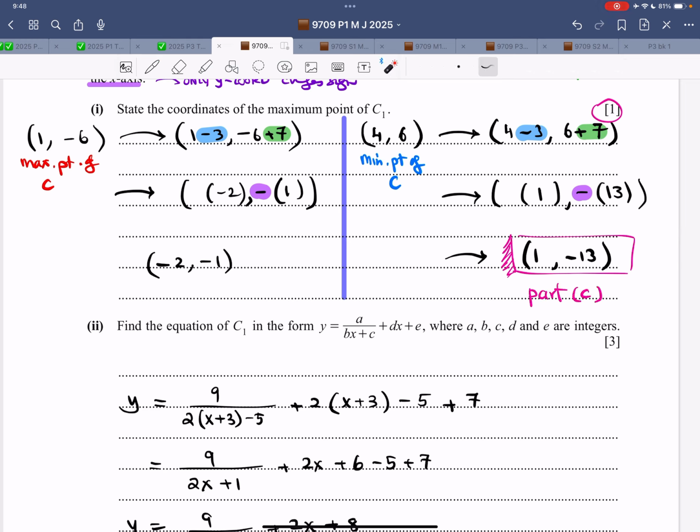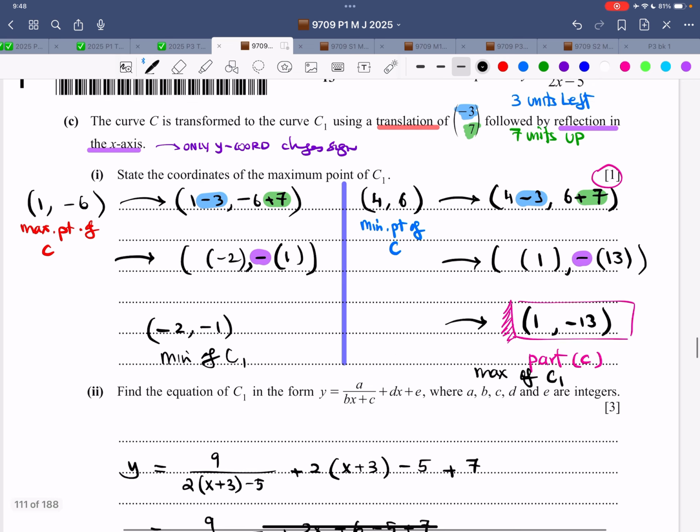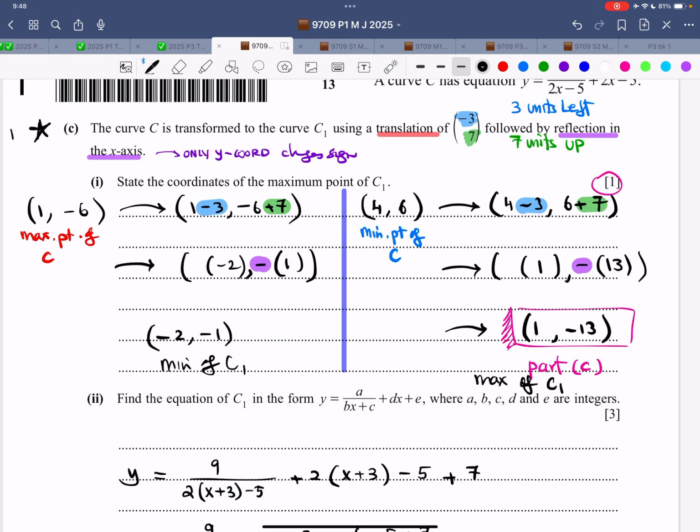Because the maximum of C is now the minimum of C1. The minimum of C is now the maximum of C1. So that is the logic, and that was asked only for 1 mark, so that very few people would be able to do it. They understand this, so that most people don't lose any marks. A very, very nice question. I would give it a 5-star for this thing.